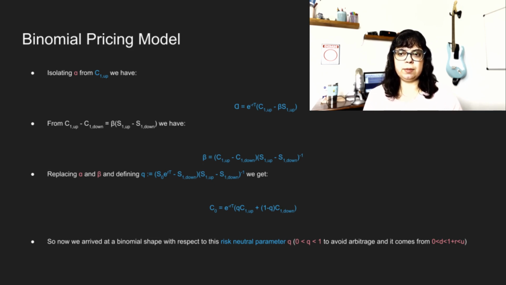It comes from the condition that the down step d is strictly positive and strictly less than 1 plus the risk-free rate R, and 1 plus the risk-free rate R is strictly less than the up step u. We are not going to derive these arbitrage inequalities today, but I promise I'm going to do it in some video in the future.